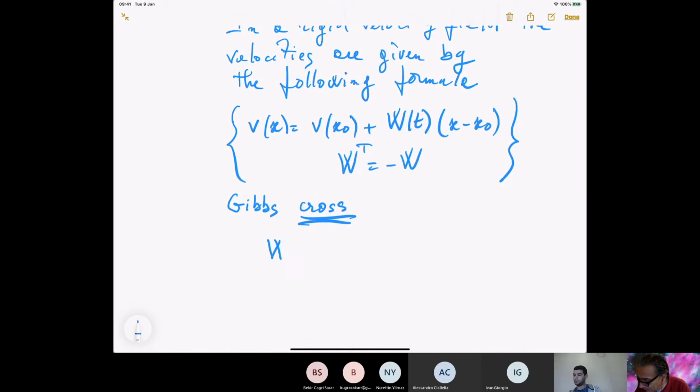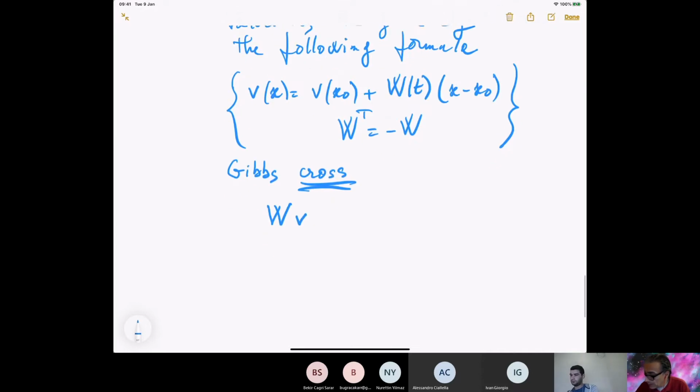If I have a skew symmetric matrix W, and I calculate W applied to a vector V, this is equal to the vector omega vector product V. In reality, this is a definition of omega and of cross product.